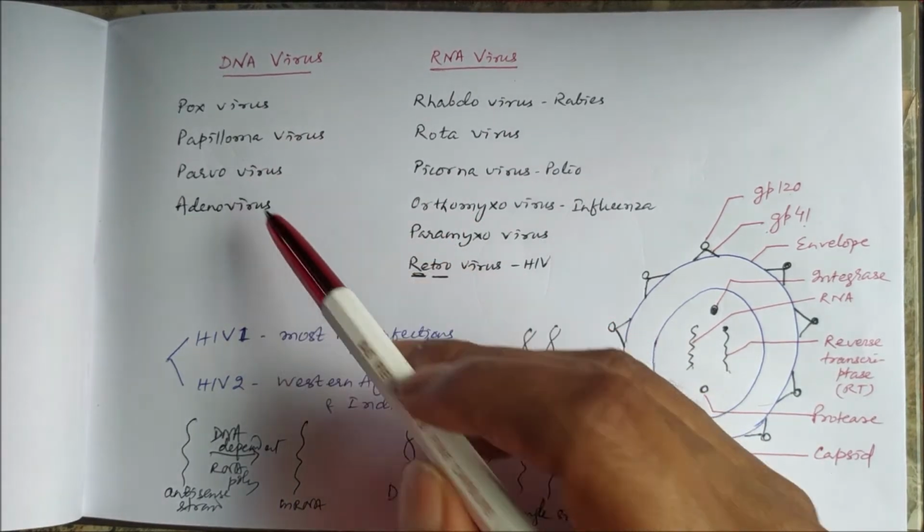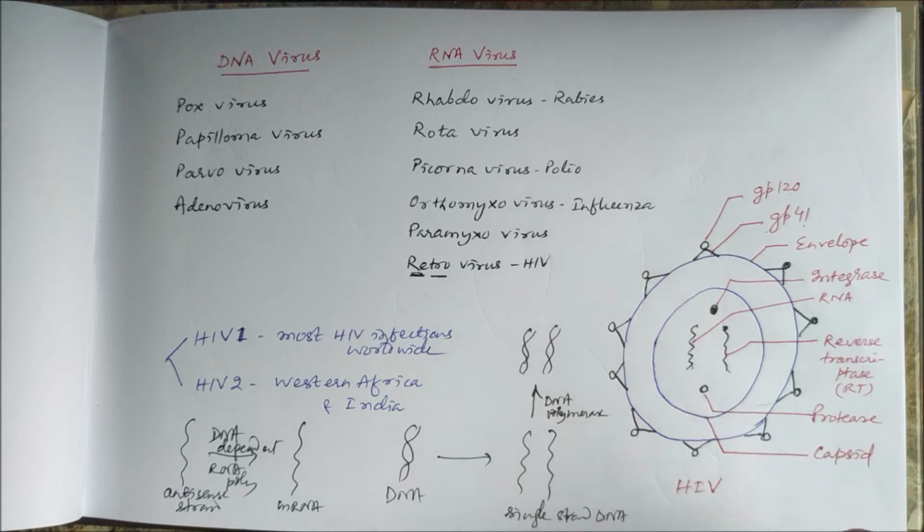In DNA virus, the DNA is converted to messenger RNA. This process is called transcription, where the double helical DNA strand is converted to single strands, and one strand is called the sense strand, the other is the antisense strand.